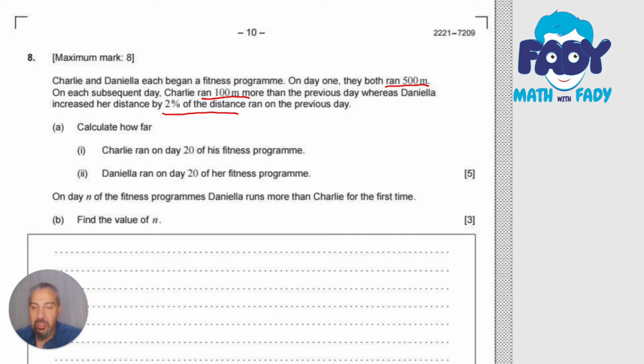So let's see part A. Calculate how far Charlie ran on day 20 of his fitness program. This means we need to find the 20th term of the sequence.